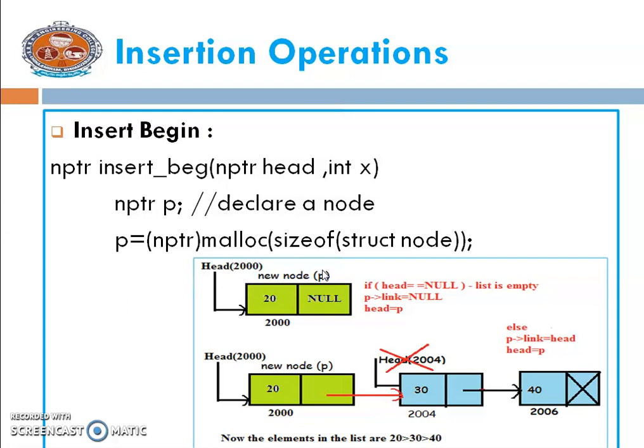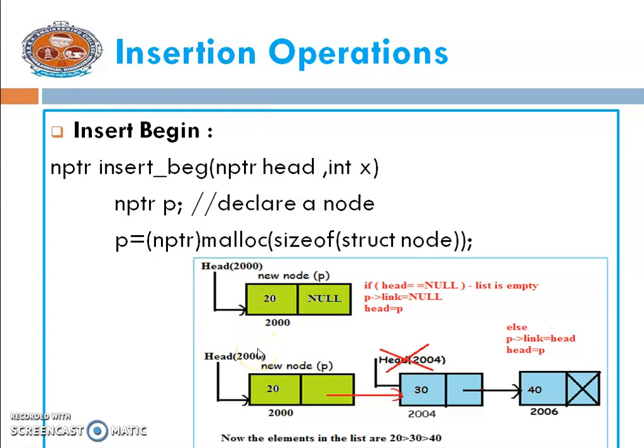Check whether the list is empty, that is head equal to null. If the list is empty, then set p of link equal to null and head is equal to p. As there are no elements in the list, the newly created node becomes the first node in the linked list.